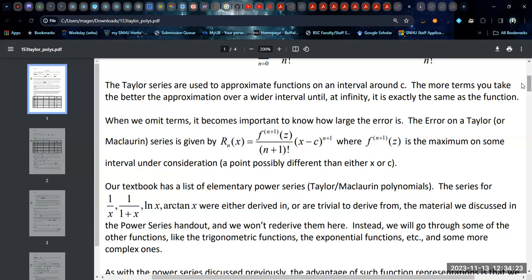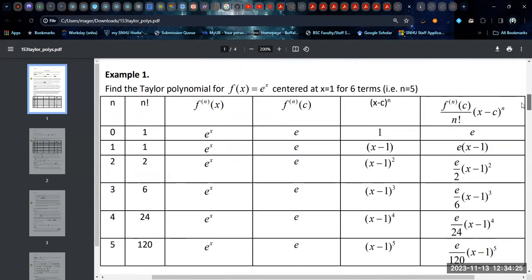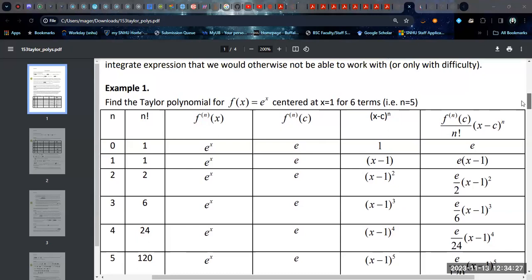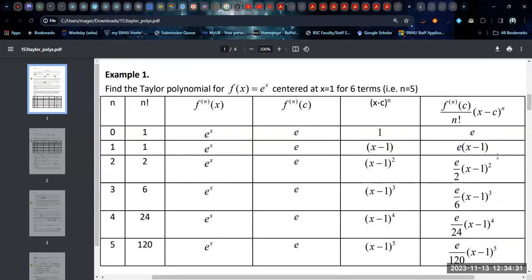And so we're going to look at an example where we're going to derive these from the beginning. I tend to use a table when I do this, just to help keep track of all of my individual pieces. But of course, your mileage may vary.